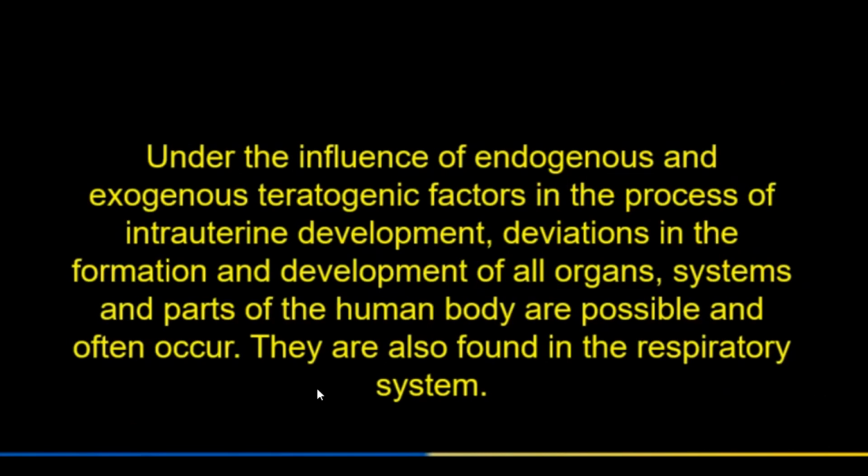Under the influence of endogenous and exogenous teratogenic factors in the process of intrauterine development, deviations in the formation and development of all organs, systems, and parts of the human body are possible and often occur. They are also found in the respiratory system.